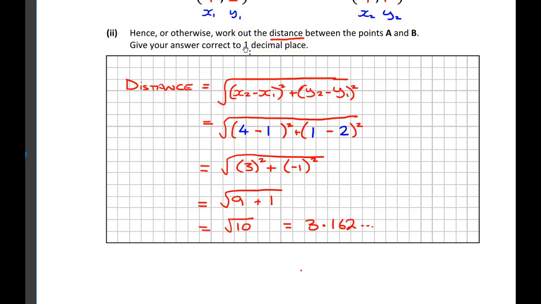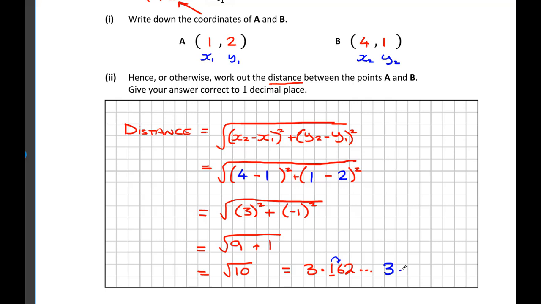So here's the decimal point. We go 1 decimal place to the right. Now, what we do then is we look to the right and we see 6. So that means 5 and above we round up. 4 and below we round down. So that's going to be rounded to 3.2 units. Cool. And that's it.